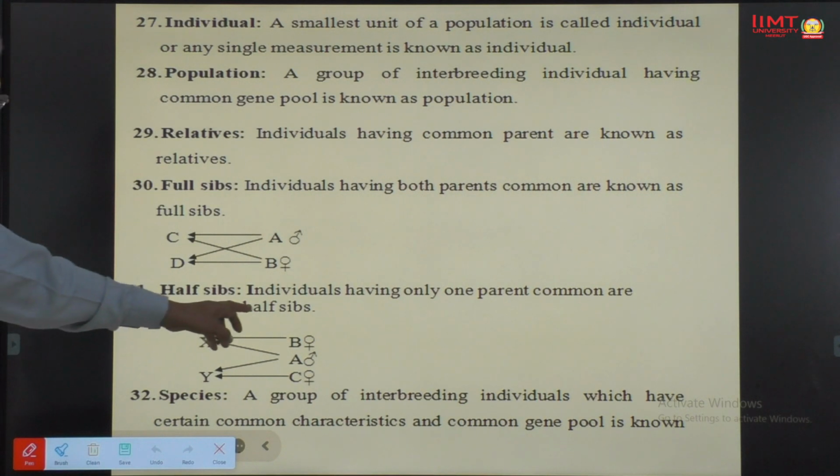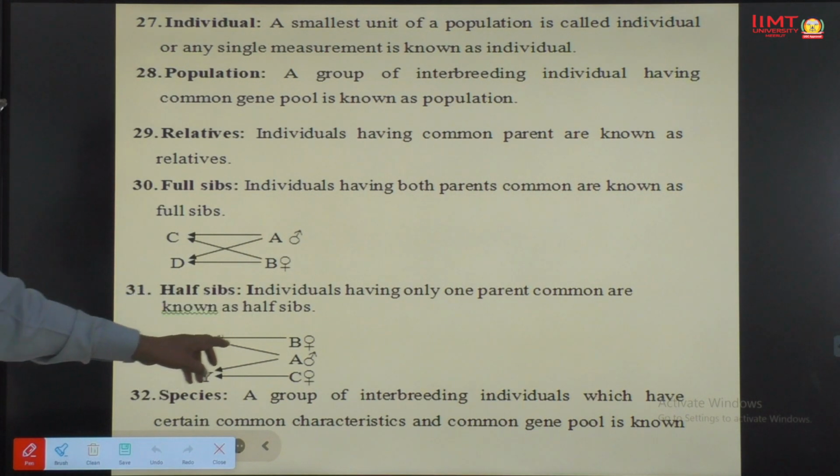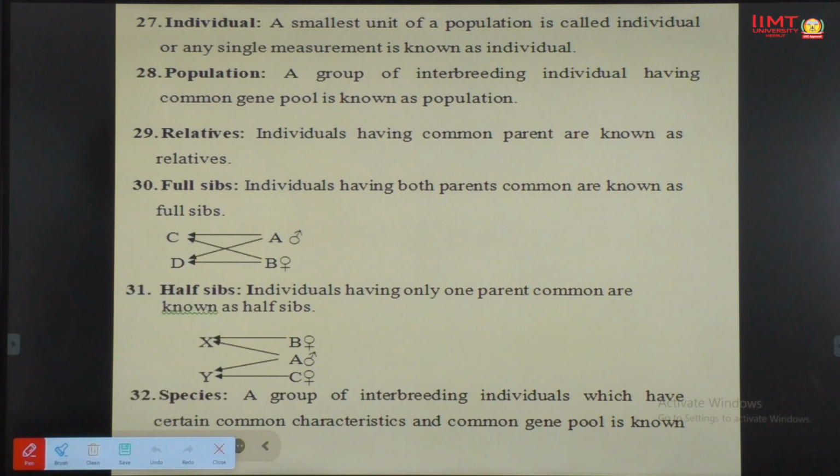The mother of X is B and the mother of Y is C. In this pedigree, the father is common and the mothers are different for X and Y. Hence, they are called half sibs. Examples of half sibs are stepbrothers, stepsisters, or stepbrother and sister.